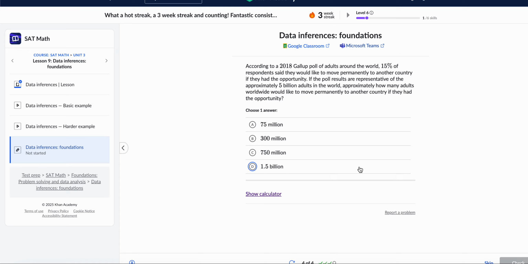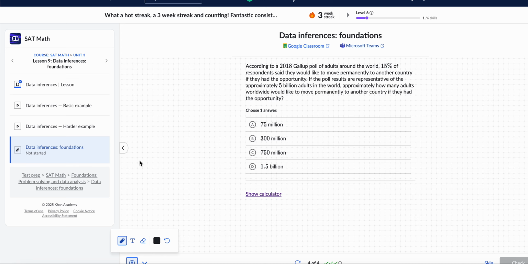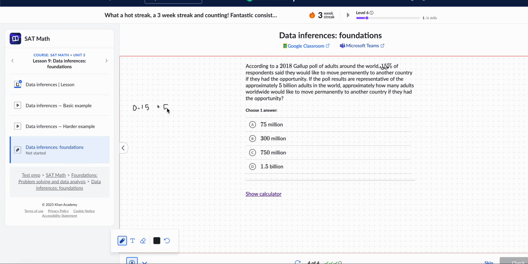So again, our formula is back at it. 15%. So what is 15% as a number? You just want to take this decimal point and move it up to here. So that's 0.15 times 5 billion.